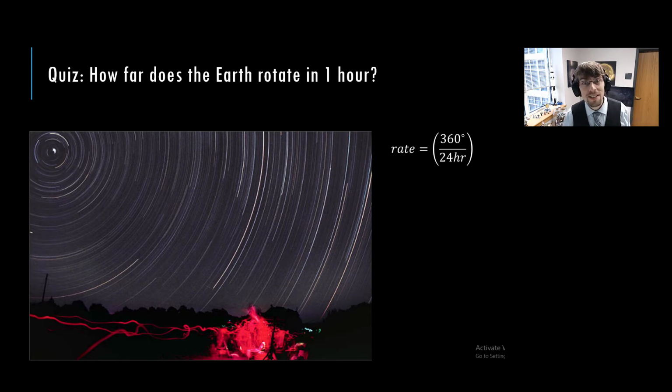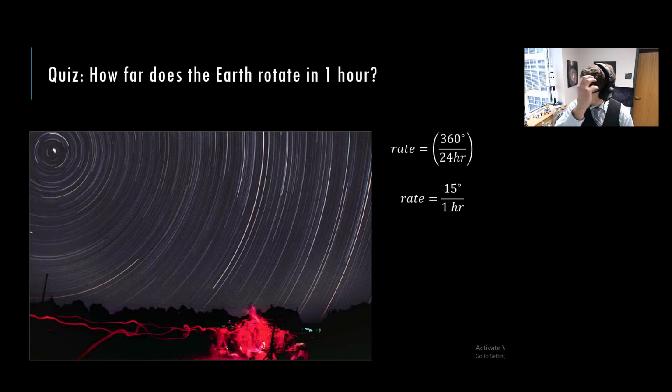So we're just going to simply take 360 and divide it by 24. You could pull out the common factor of 12, and so you end up with 30 divided by 2. That gives you about 15 degrees an hour.